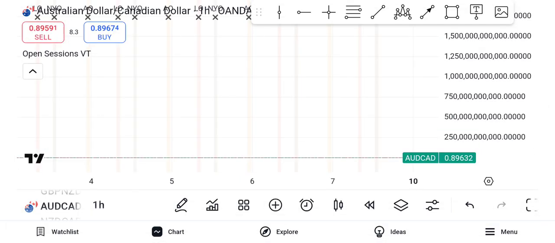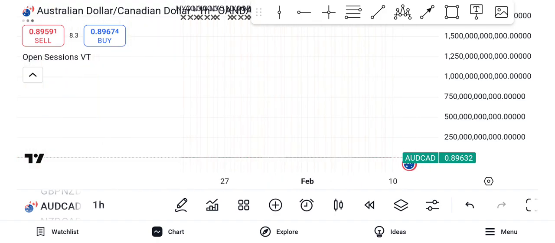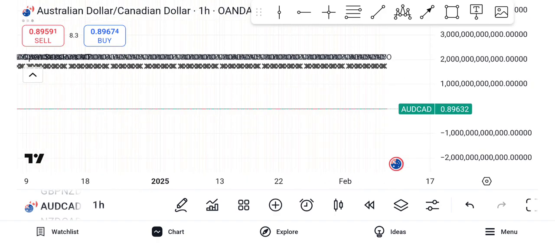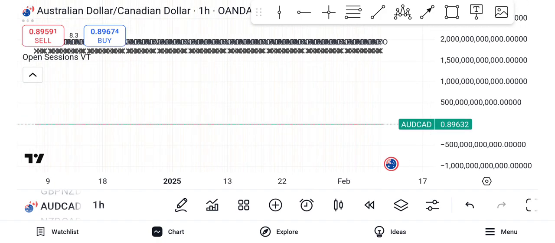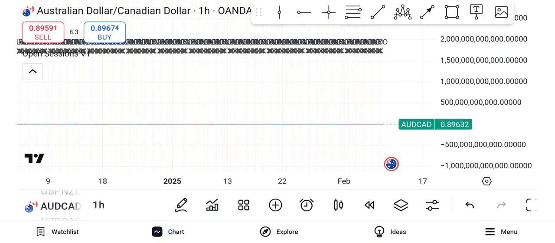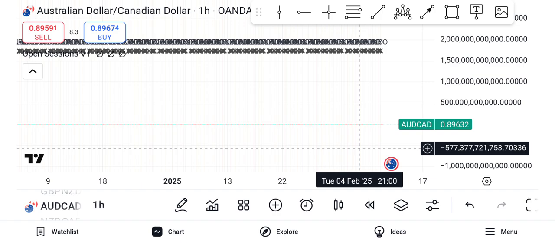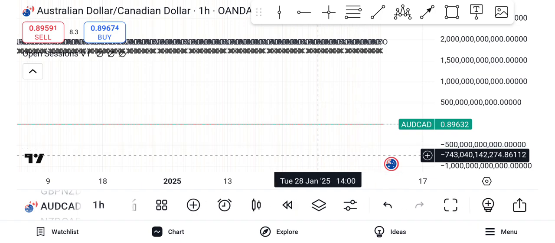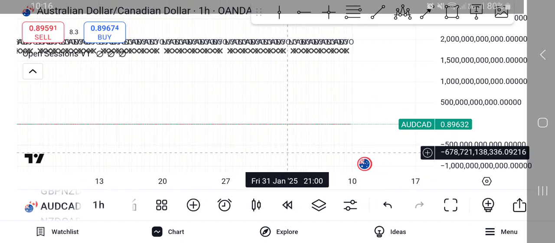Oh god, the market is not open. I have to wait for the market to open on Monday for this thing to load.